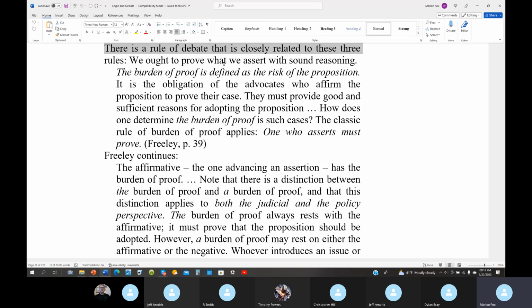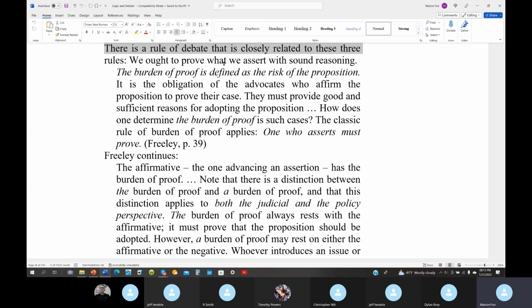There's a rule of debate that is closely related to these three rules. We ought to prove what we assert with sound reasoning. That's a rule of debate. Now, debaters agree to this rule, okay? And Freely, a debate book that I took a debate course in college, says the burden of proof is defined as the risk of the proposition.